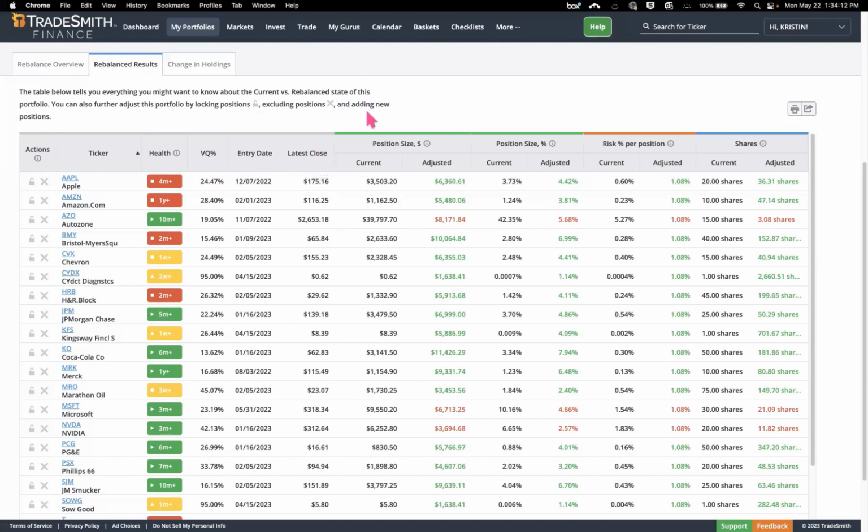And then the next field, this is what I want you to pay attention to. This is the position size box. It is displayed in the dollar amount here, as you can see. If you hover over here, it says the amount of money invested in each position in the portfolio.